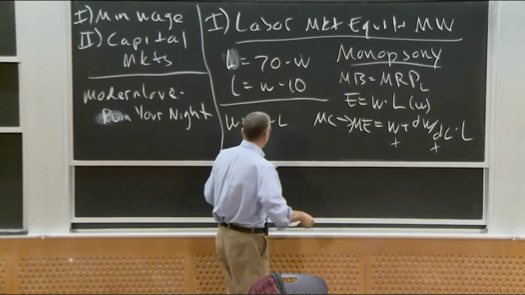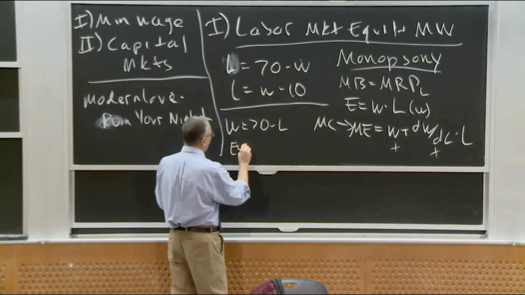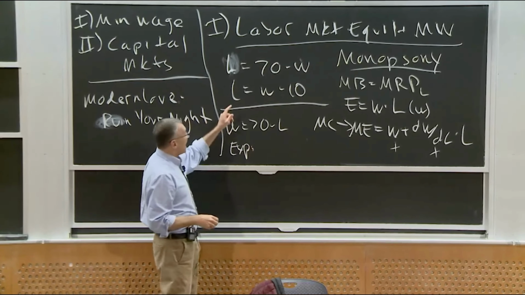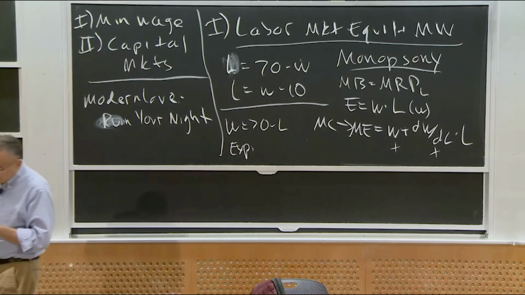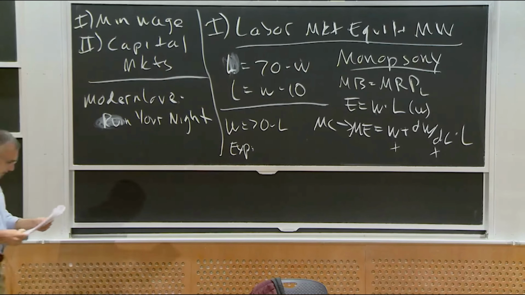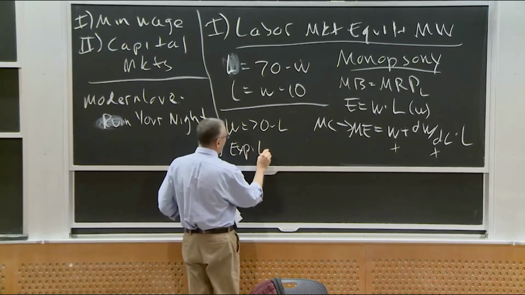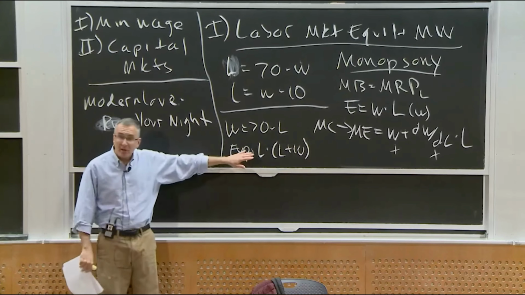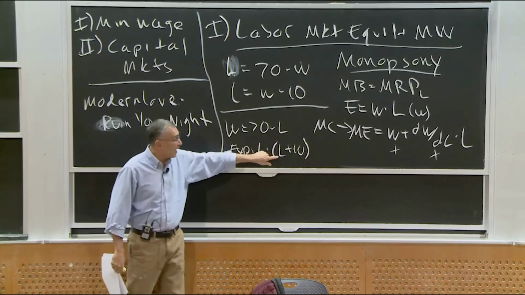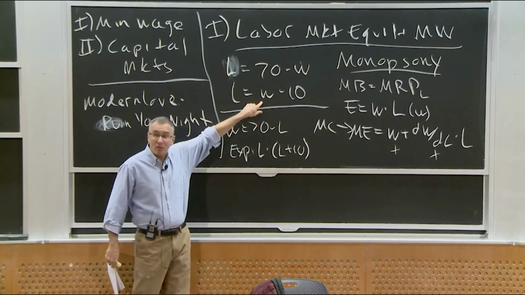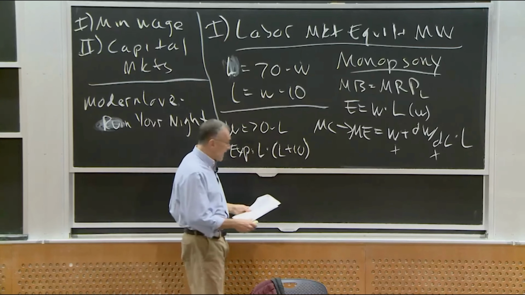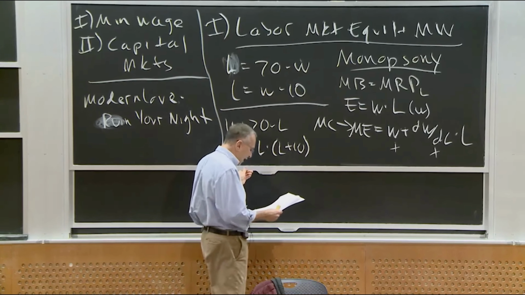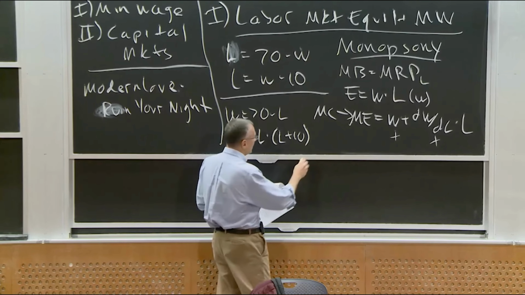So we can now say the firm's labor expenditure function is L times L plus 10. That's its labor expenditures, right? Stare at that for a minute. The number of workers times the wage. The wage comes from this equation. Differentiate that with respect to L, and what do you get?